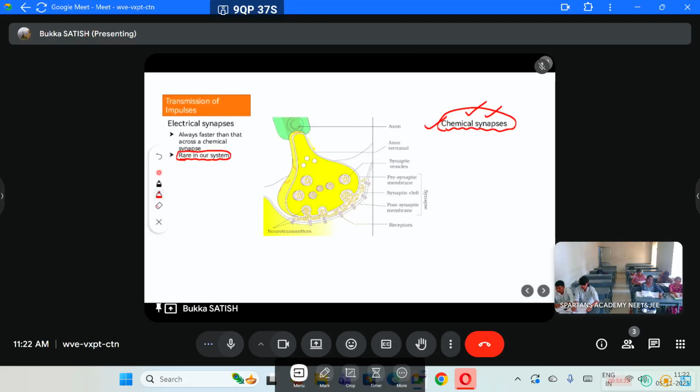See, whenever something is discussed, you need to understand the significance of it, the advantage of it. So chemical synapses are more in number. Mostly we have chemical synapses only. Electrical synapses are very few in number. In fact, which one will be faster? Conduction. It is faster. Electric synapse is faster, right?